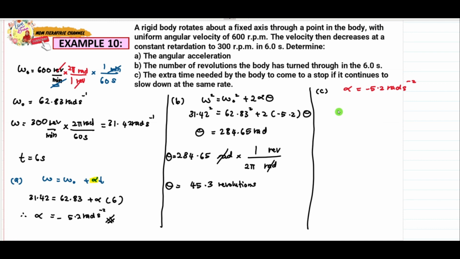So, means that kalau kita lukis dia punya timeline from A pergi ke B and then dia akan stop dekat C. Omega C equal to 0. Omega B is equal to 31.42 radian per second. And omega A 62.83 radian. Okay.